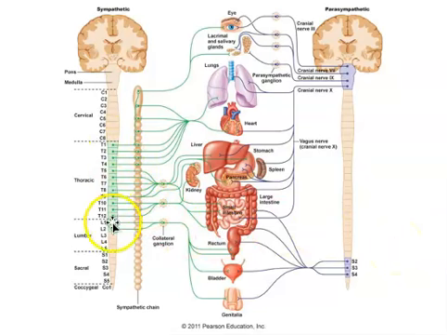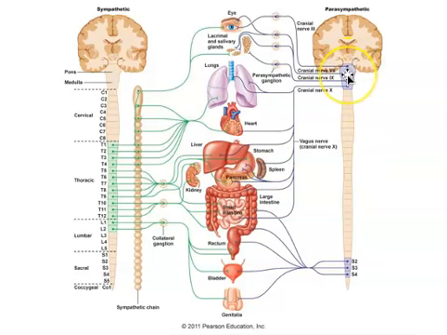So green over here, sympathetic, purple, blue over here for parasympathetic. That's where the preganglionic neuron cell body resides.